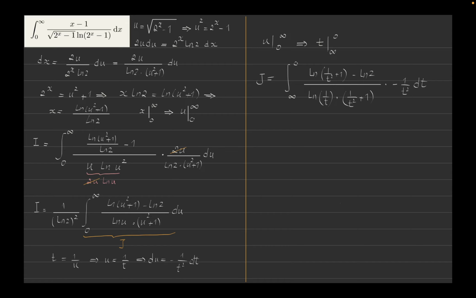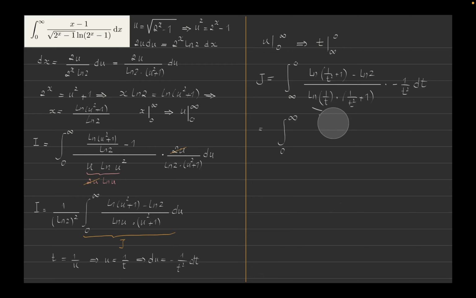Okay? So now the first thing is that I will use this minus sign to change the order of these limits to the natural order. So this becomes integral from 0 to infinity. So I have dropped that minus sign. But now look, this t squared will be multiplied here, so this will give me t squared plus 1. And this one can be written as minus ln of t, yes?